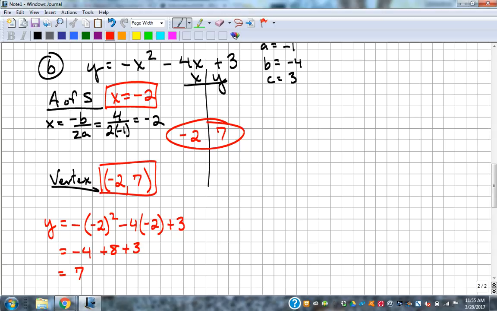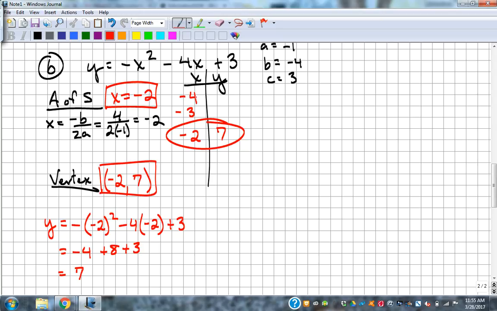Now, we need to go on the left side and the right side of that vertex. So what's to the left of -2? -3 and -4. So those are the x values I'm going to use.